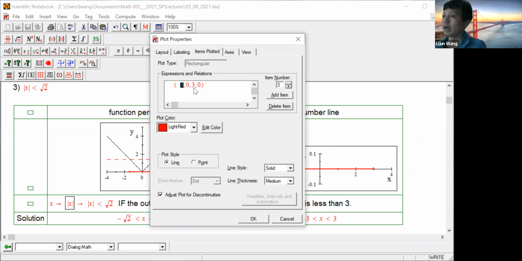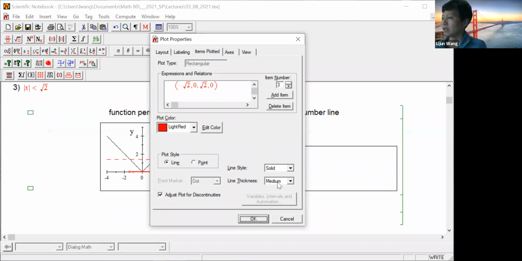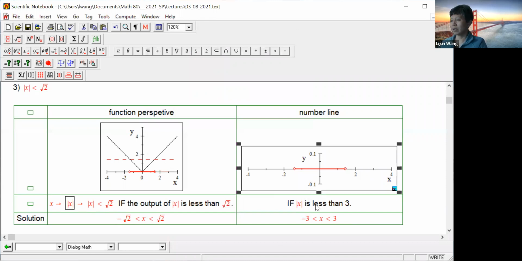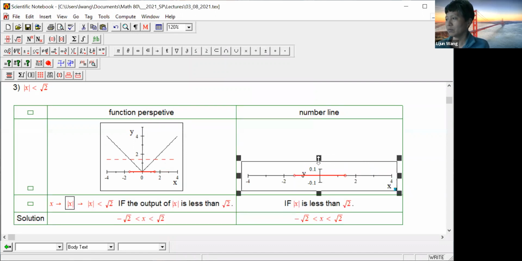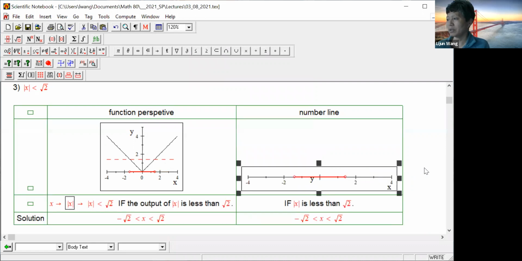And when you graph it, you can see all the important elements have not changed. Less than square root of 2, and just these numbers have changed to square root of 2. You guys with me? If square root of 2 really bothered you, I hope it doesn't bother you anymore.